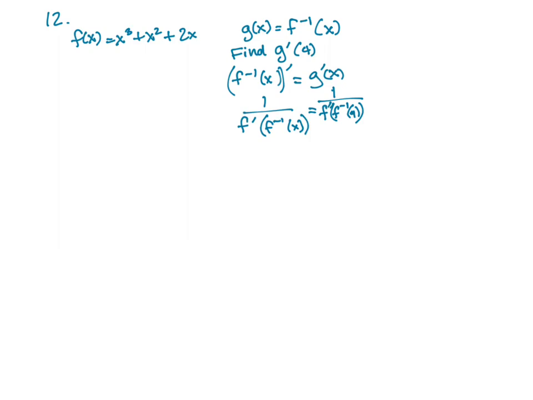Our first task is to figure out what is f inverse of 4, which means I want to set my f of x function equal to 4. And we need to figure out what could x be so that my answer when I plug in that number is 4? Ooh, that's the hard part.